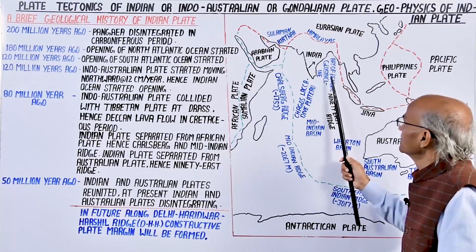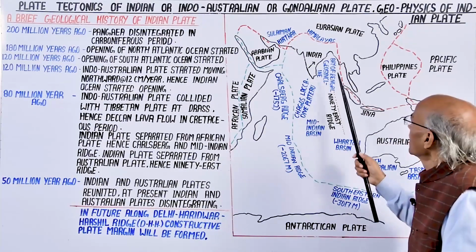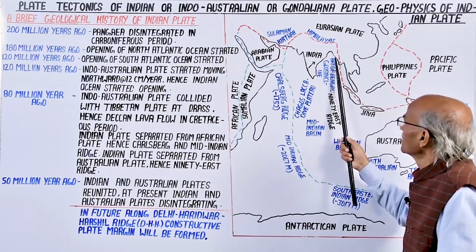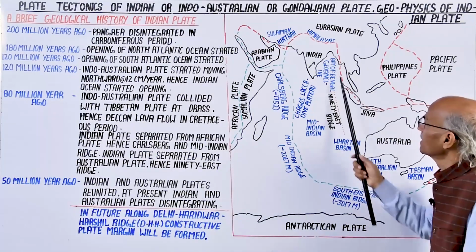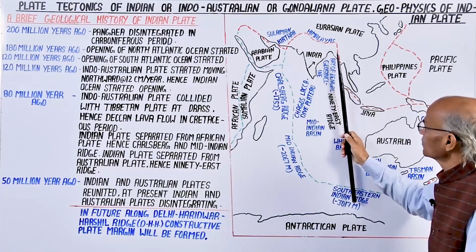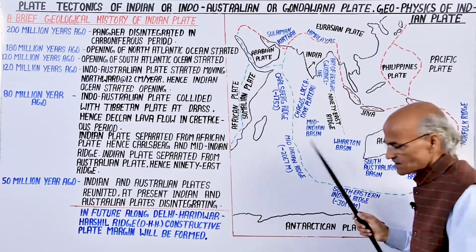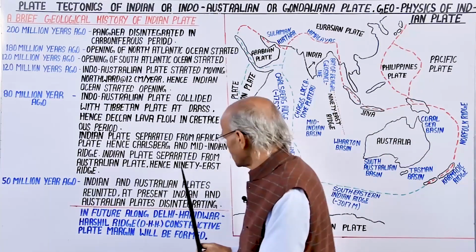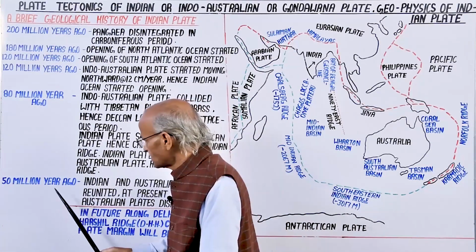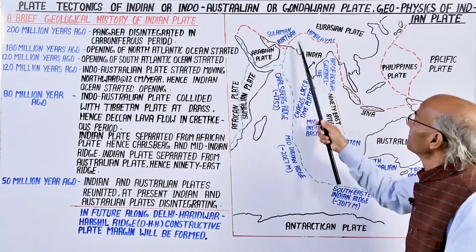This part was depressed, which we will discuss separately as evidence, and due to the subduction here, the land underwent a crack, and this crack, called the 90 East Ridge, separates today this Indian plate and this Australian plate. Thus, Australia was separated from the Indian plate. But it is a noteworthy thing that the Indian plate, or India, has plate margin.